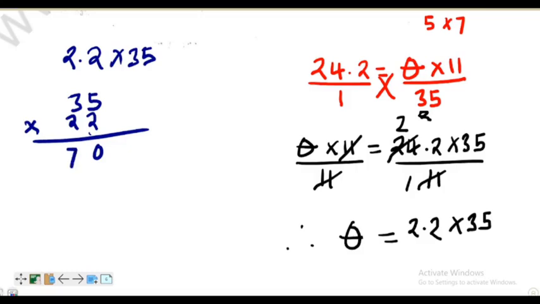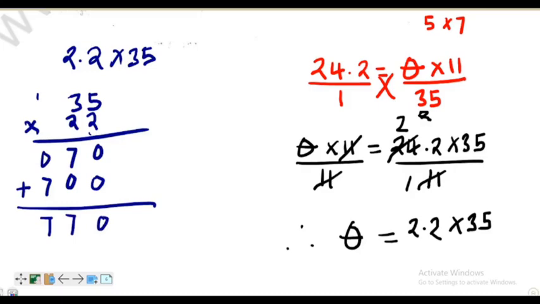Okay, 2 times 5 again is 10, you write a 0, you carry a 1. 2 times 3 it's 6 plus that one, you have a 7. Okay, so this is what you do now. You add like this. So here 0, 7, 7. So 2.2 was a decimal number, so we put a point right here.